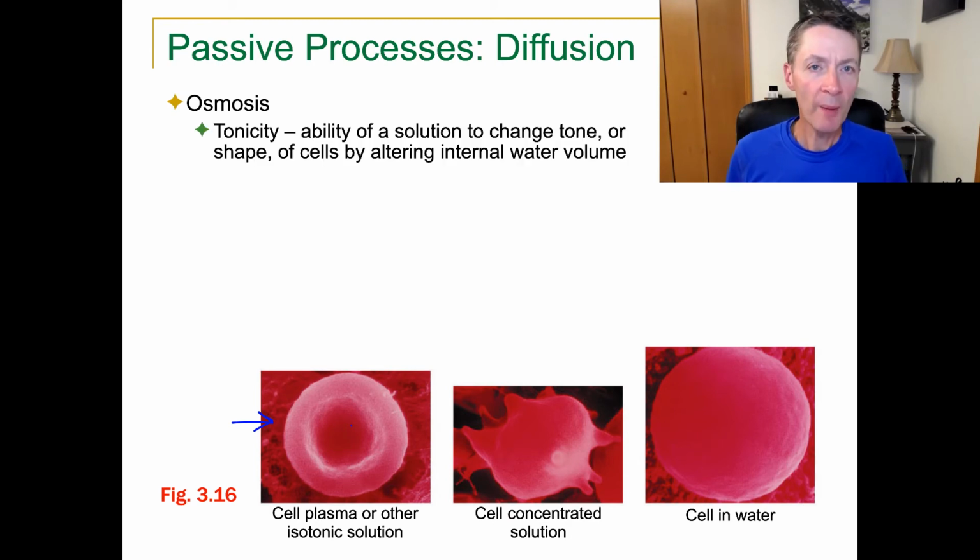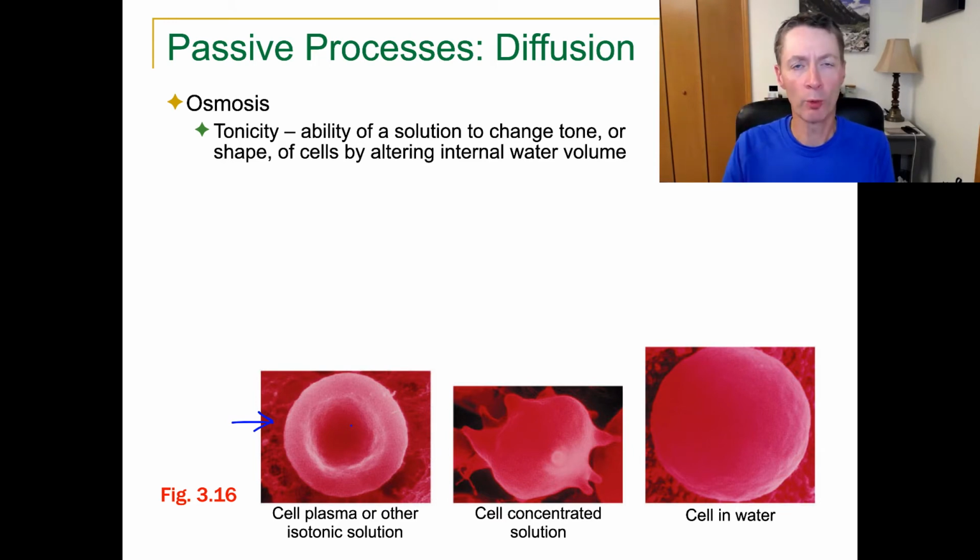So when we talk about osmosis, we pay attention to the tone, the pressure exerted against the membrane of our cells, okay? If there's more water that goes into a cell, you would expect for that tone, that pressure, to become more and more, right?